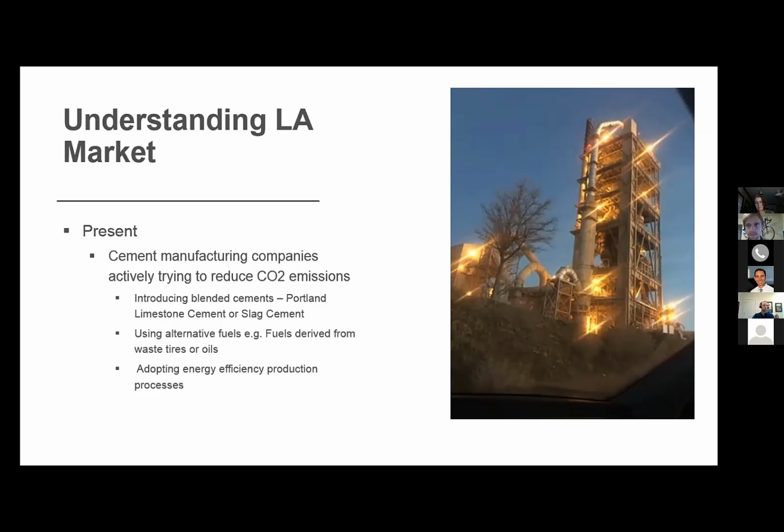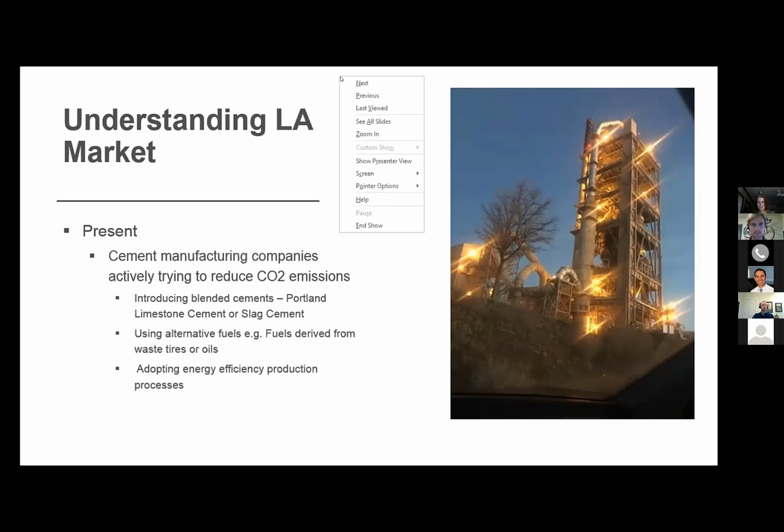At our plant, we use tires and pistachio shells, because there's a lot of fuel heat value in those, so we supplement coal with those. There's other cement firms that are using wind energy for alternative electricity to run their plants. So I think there's more of a push now on cement manufacturers to lower their carbon footprint.